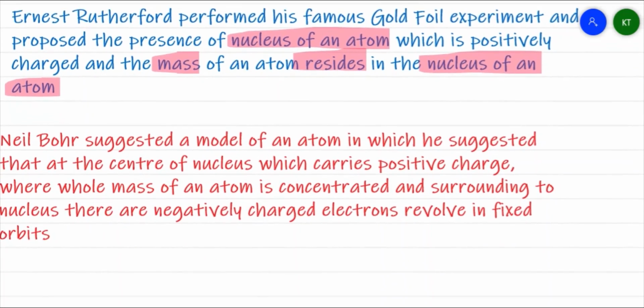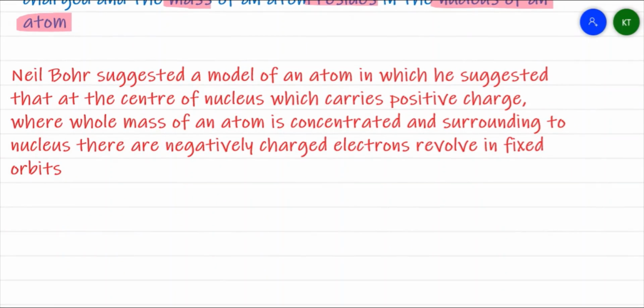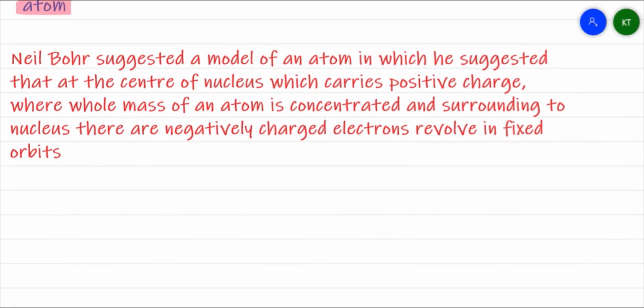So towards the end, we got Niels Bohr. He came up with a model of an atom in which he took a point from Rutherford's atomic model and stated that there is a centrally positively charged nucleus and surrounding it there are negatively charged electrons moving.